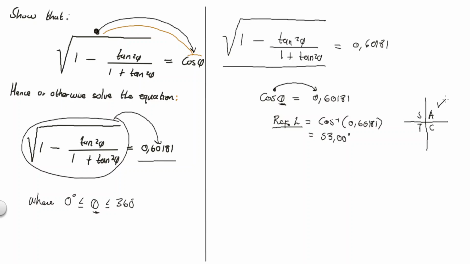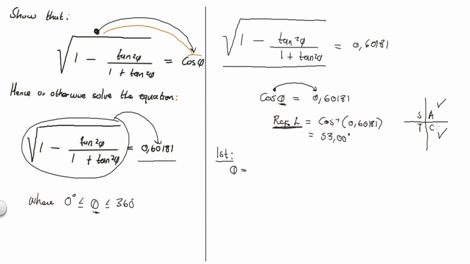It's the first quad as well as the fourth quad. So we find our solutions in the first quad. On the first quadrant, remember, this is the reference angle. It's not the value for theta, but the reference angle. We always start with the reference angle.